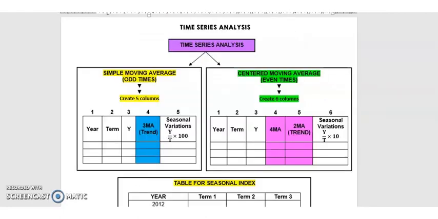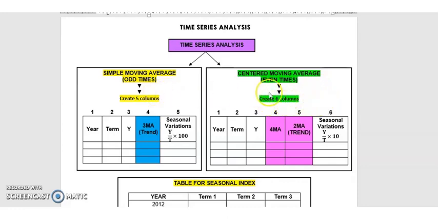Okay, let's go back to the simplified notes for time series. Recall for simple moving average, I asked you to directly create 5 columns. But for centered moving average, you directly create 6 columns.